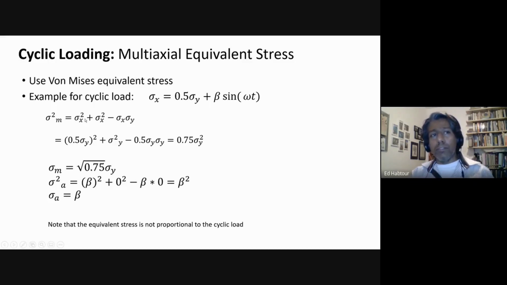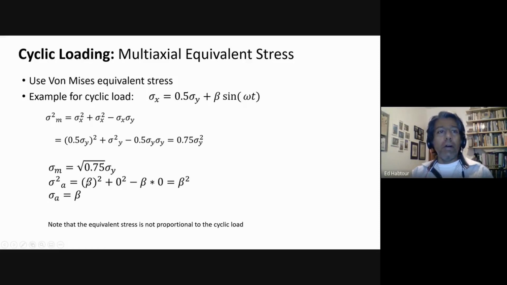You've got sigma x squared. This is wrong, by the way. Please fix this in your notes. This is supposed to be y. Sigma y squared minus sigma x sigma y. You plug in your sigma x's and sigma y's into this equation, and now you have your von Mises with respect to the sigma y.